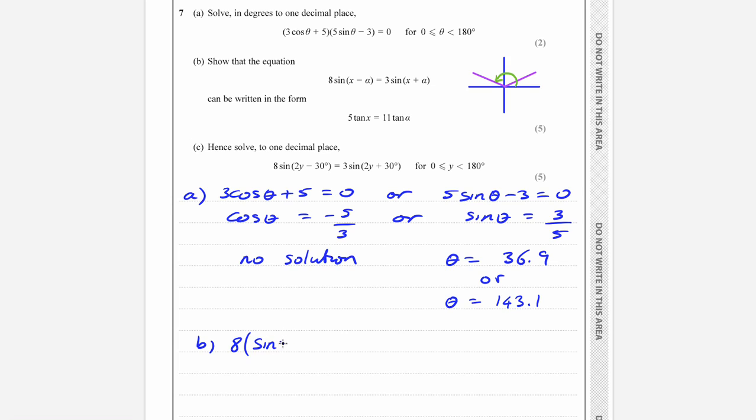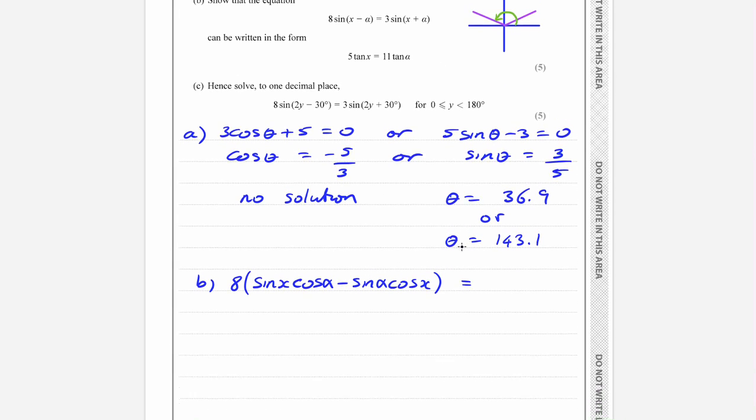So it's sine x cos alpha minus sine alpha cos x. And then this equals 3 sine(x plus alpha).